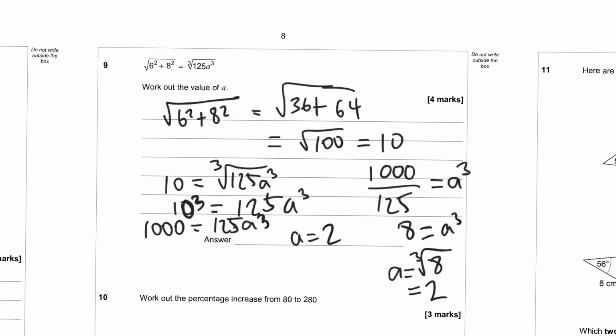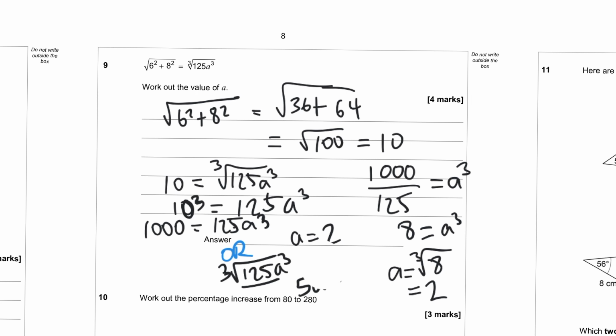Another way that you could have worked it out is here, where you've got the cube root of 125a cubed, you could have just worked out the cube root of 125, which is 5. So that'll leave you with, sorry, not 5a cubed, that would leave you with 5a.